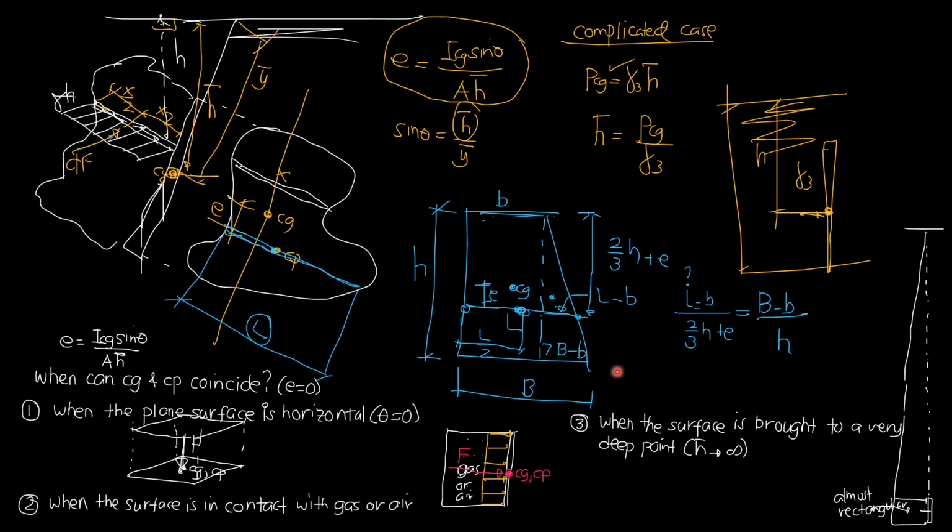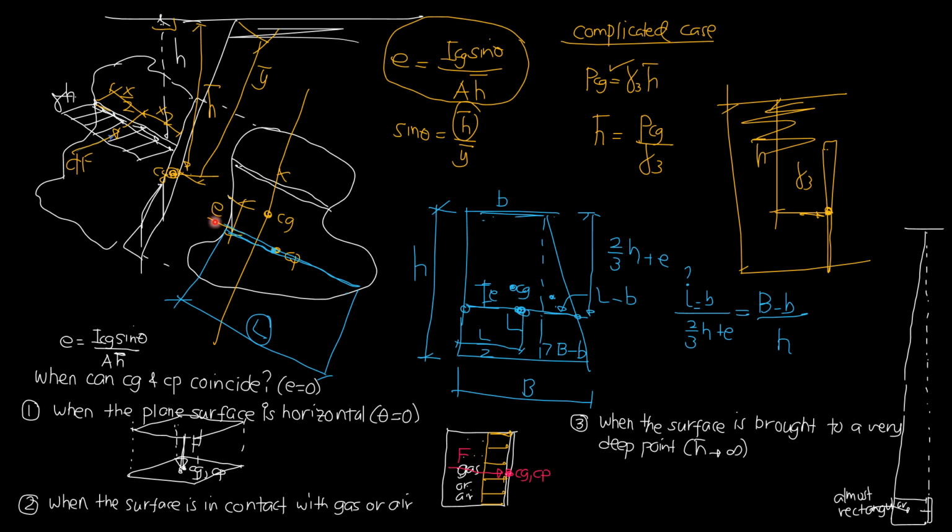That should be the procedure in order to locate the centroid of the trapezoid. Now, after we solve for e, we have to find the length here, which is denoted with L, and the center of pressure is L over 2 by the principle here.